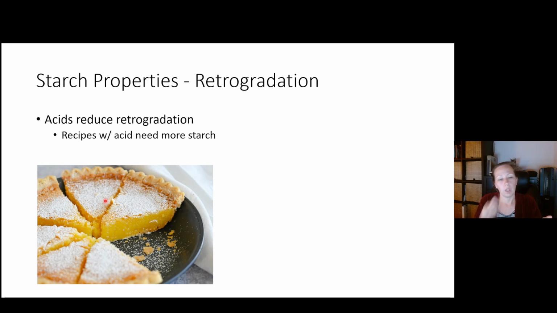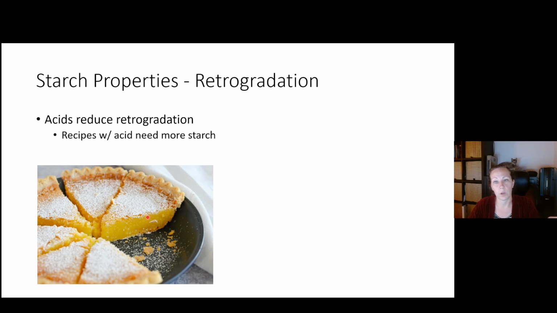And so the key thing to know with that is that recipes that are going to have acid in them will need more starch to make up for the fact that gelation, because retrogradation can be a good thing, right? It causes the gelation of this pie. And so that gelation is going to be affected by the acid.